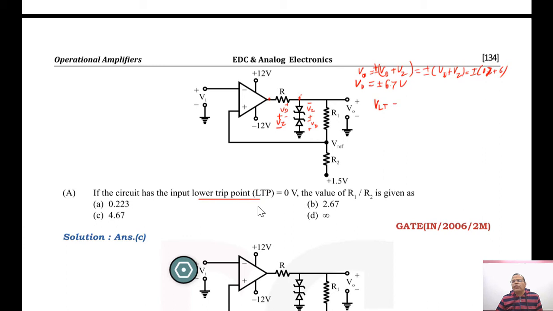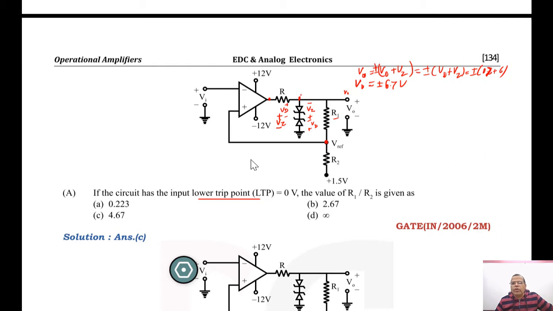Lower threshold voltage is equal to the resistance, this is R1, this is R2, so that is the voltage across this. But you have to see that lower threshold voltage will be nothing but the voltage at this point when the output voltage is negative. For lower threshold voltage, what will be the output voltage?